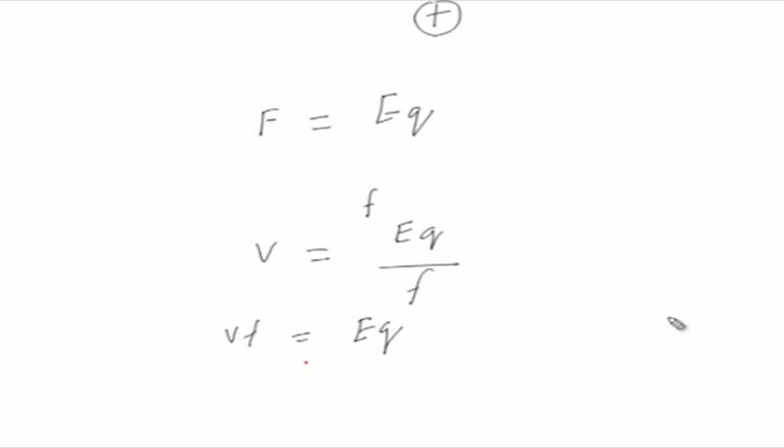There is another, more popular term used, which is electrophoretic mobility, and this electrophoretic mobility is given by velocity per unit field, or you can say that is Q upon frictional force. That is the electrophoretic mobility, which is more commonly used.